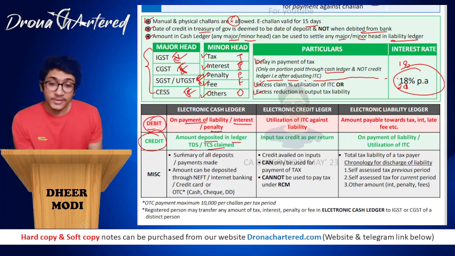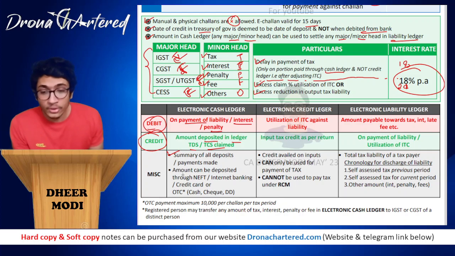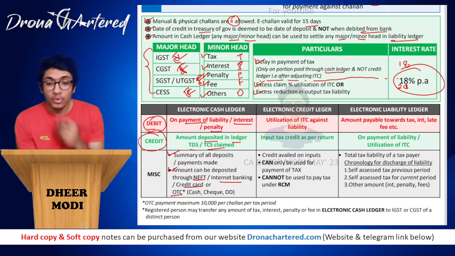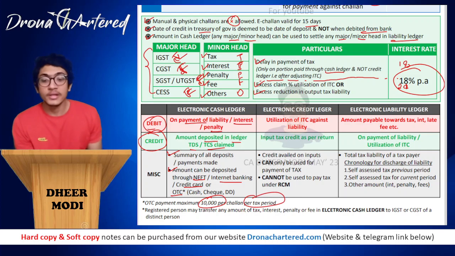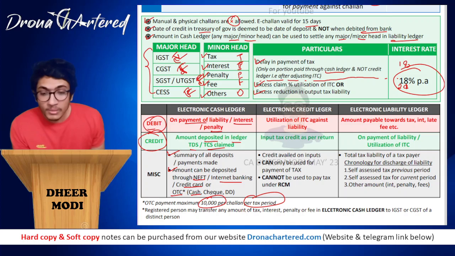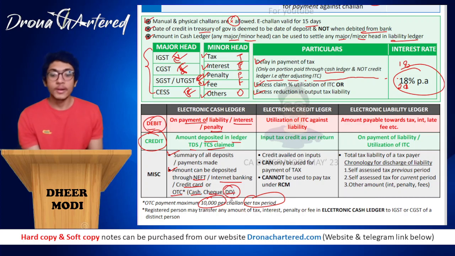So your cash ledger will be credited when it increases and debited when it decreases. Okay, any miscellaneous points: a summary of all deposits and payments made you will see in your cash ledger. Amount can be deposited through NEFT, internet banking, credit card, or OTC. Your OTC payment maximum is 10,000 per challan per tax period, that is over the counter, which can be made through cash, check, or demand draft.